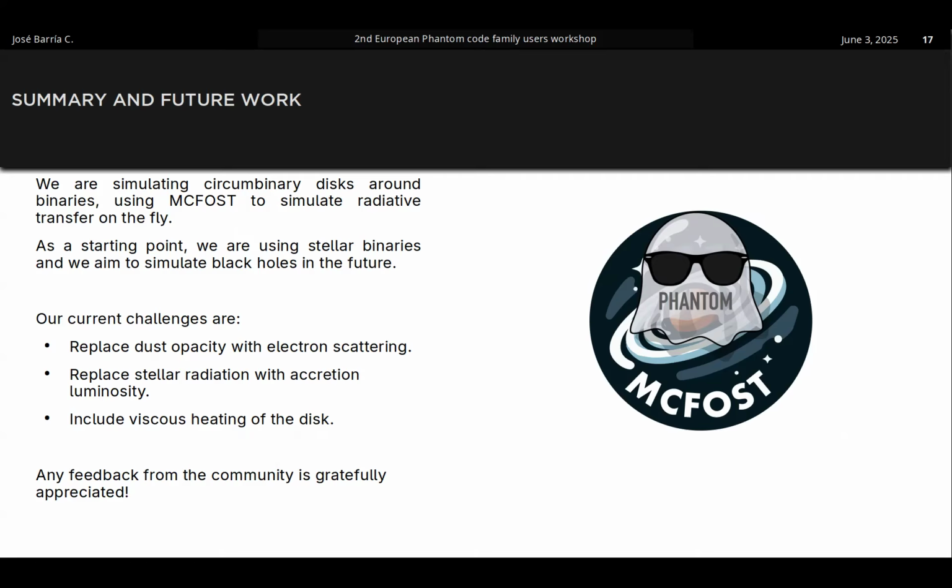Just by viscosity, what do you mean exactly in that context? Depending on the equation of state, you can get heating from the viscosity that you put in the simulation.